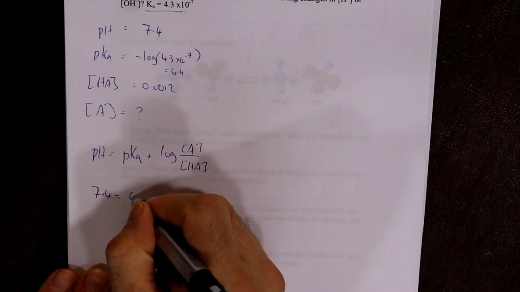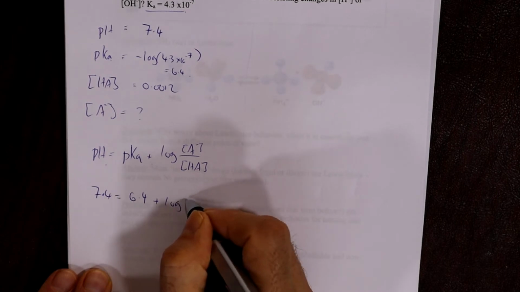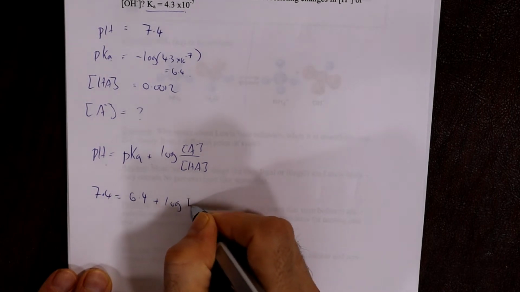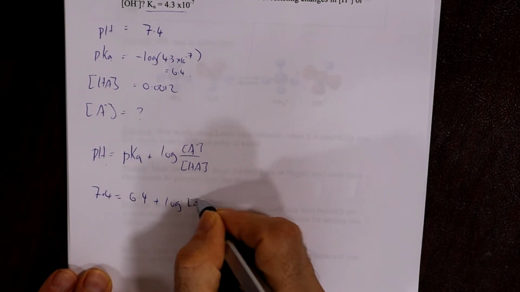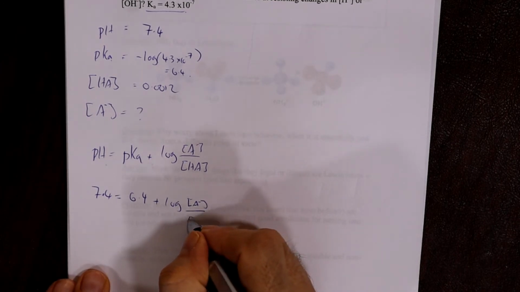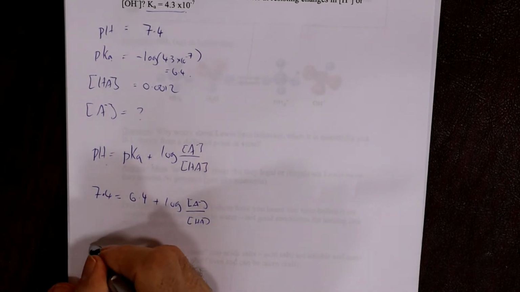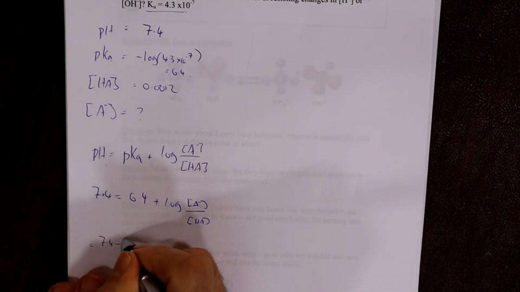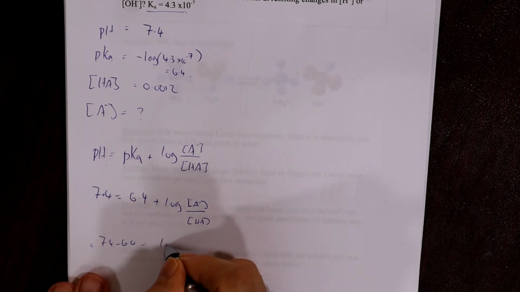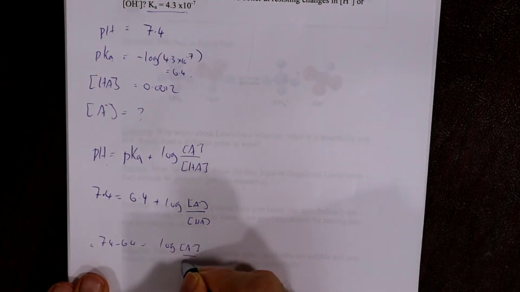pH 7.4 equals pKa 6.4 plus log of A minus, which is what we want, over HA. We'll put that number in in a minute. Therefore 7.4 minus 6.4 equals log of A minus over HA.